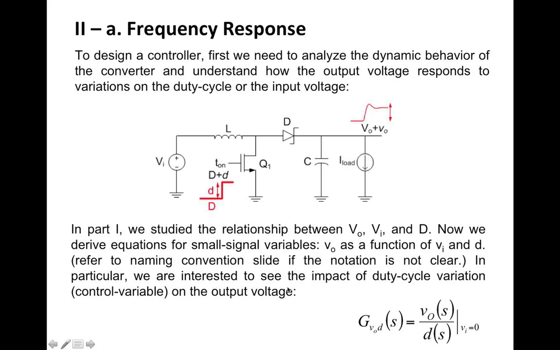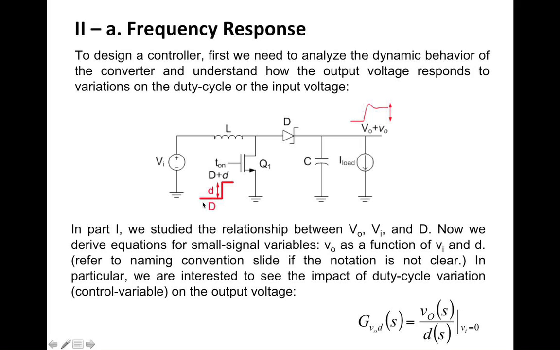So now let's have a qualitative look at our boost converter case again. So we're interested to see, if I start with a duty cycle of D, let's say in steady state, and then suddenly disturb it with a step in duty cycle which has an amplitude of small d because it's a small signal variation, how my output voltage is affected.